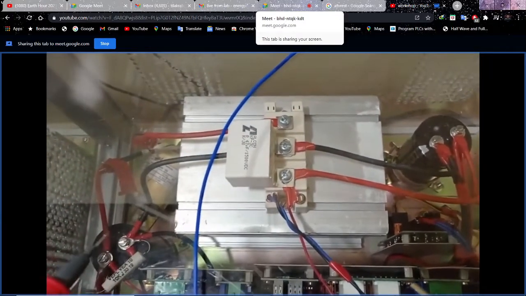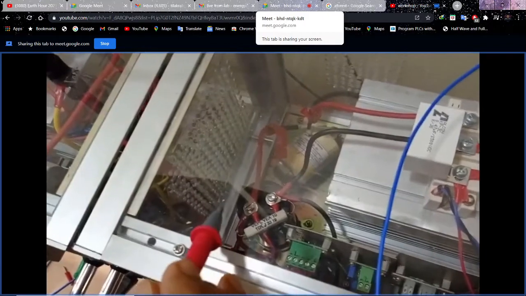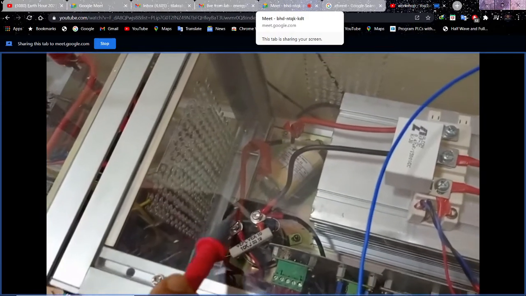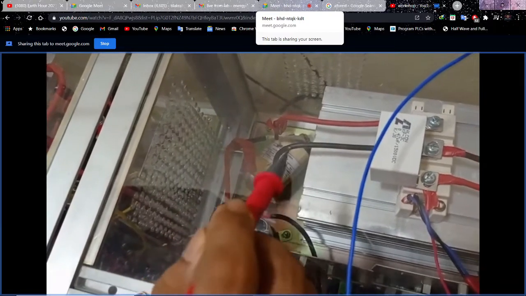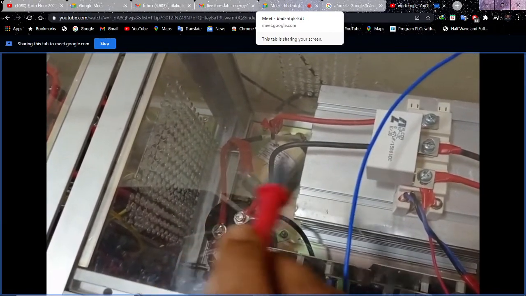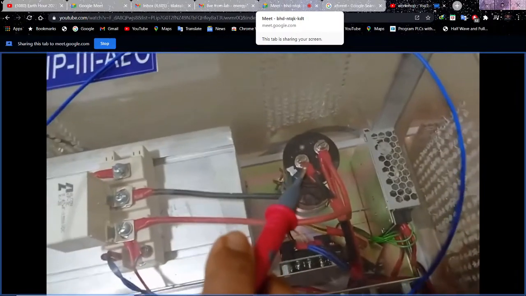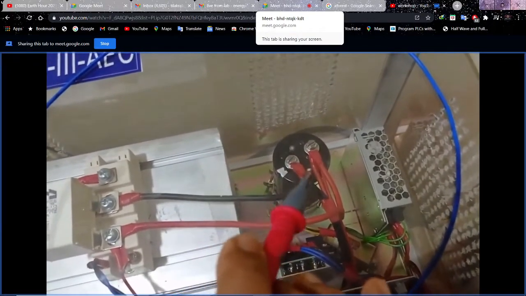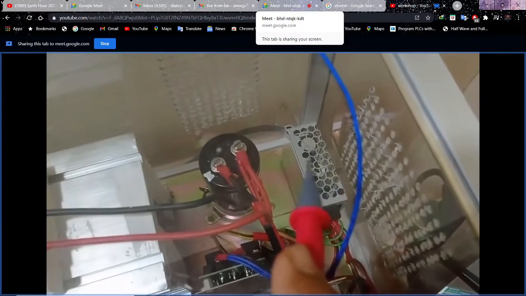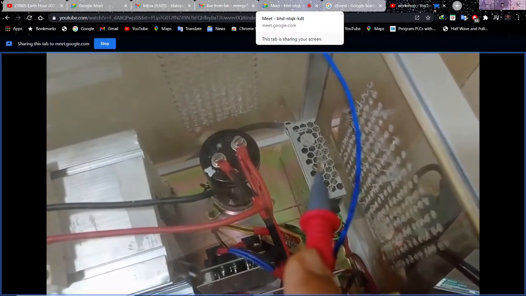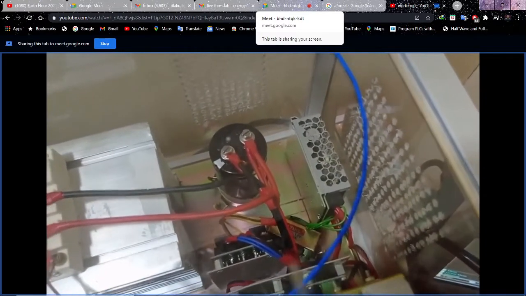This capacitor is the output side capacitor, and here we can see the inductor placed. Here you can see the input side capacitor, and this is the supply for the gate driver. This gives the power supply to the gate driver, SMPS.